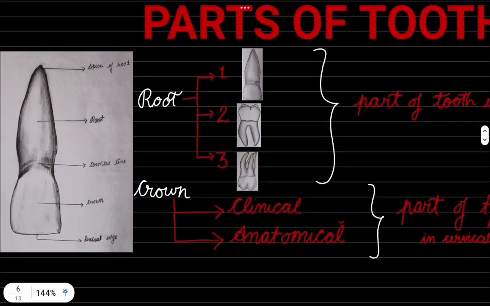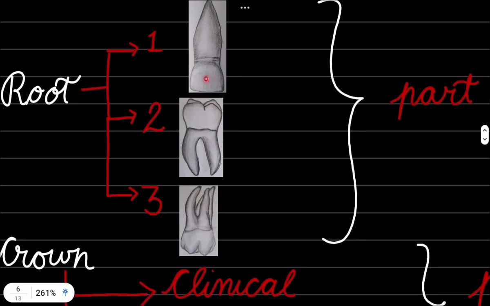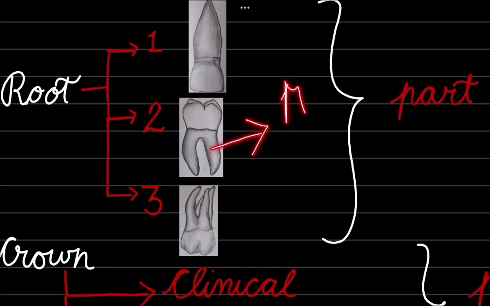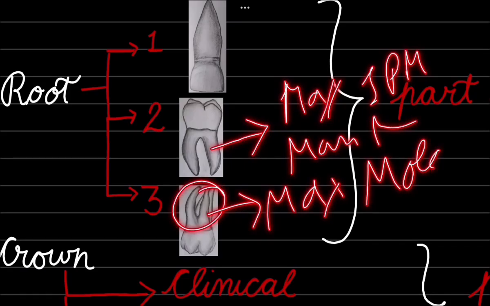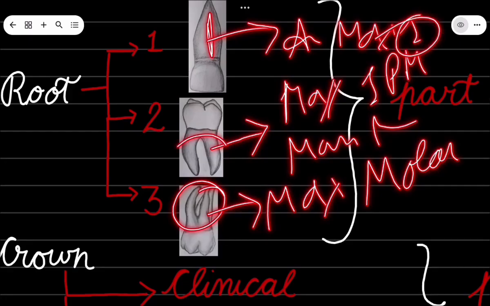Now, root, as you can see in this picture, can have 1 root, 2 roots or 3 roots, depending on the teeth. 1 root is mainly in the incisors and the canines. 2 roots are present mainly in the maxillary first premolar and the mandibular molars, and 3 roots are seen in the maxillary molars. 1 root is also seen in all the premolars except the maxillary first premolar, which has 2 roots.